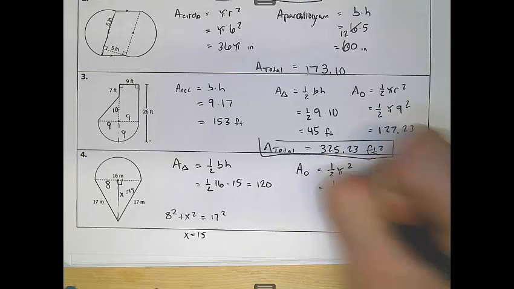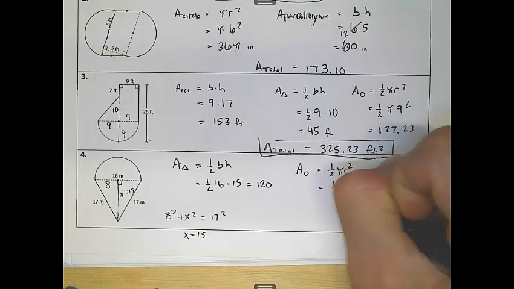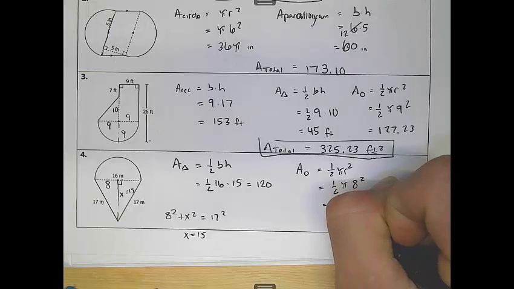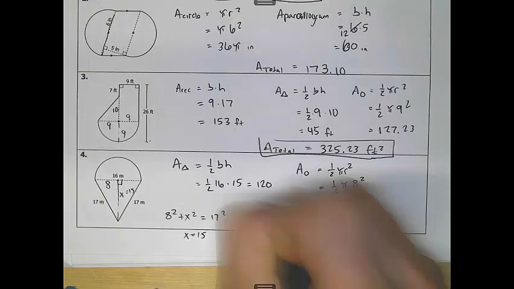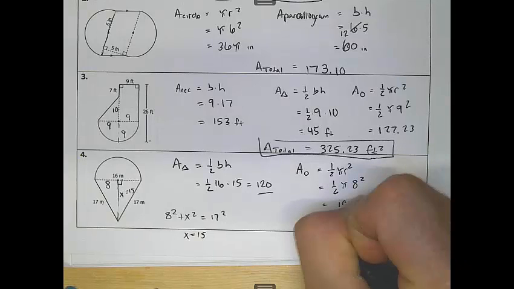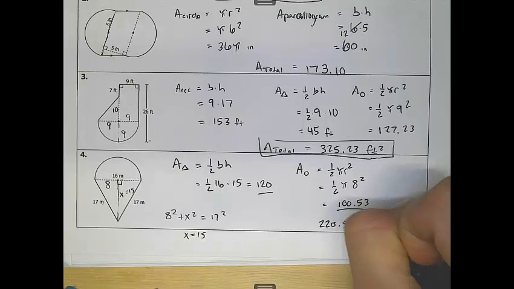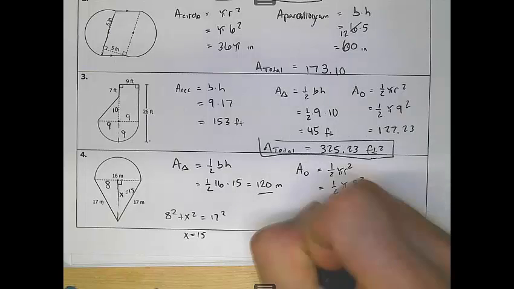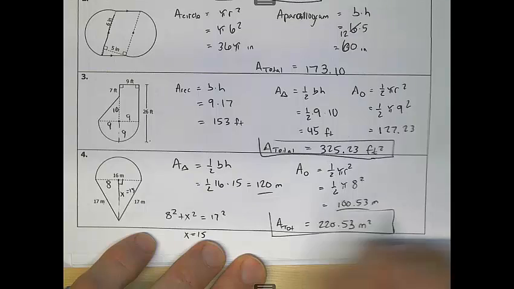So 1/2, and the radius is 8, so 1/2 pi times 8 squared, which gives us about 100.53. And then if we add those together, we get 220.53, and that's square meters because both of these units are in meters, and that is our area total for the figure. So let's box that answer.